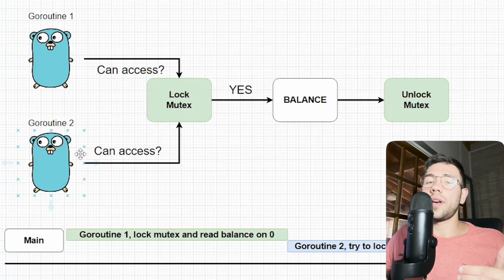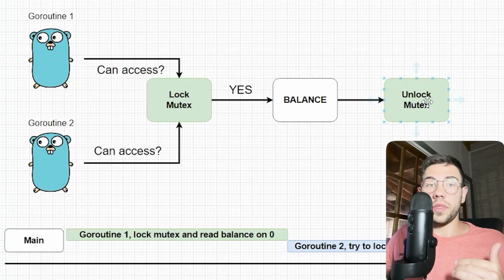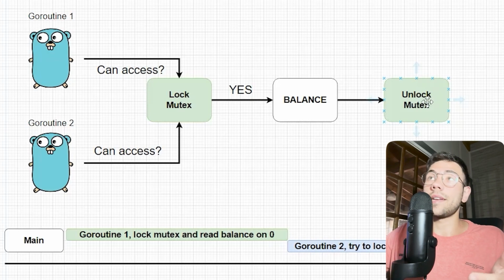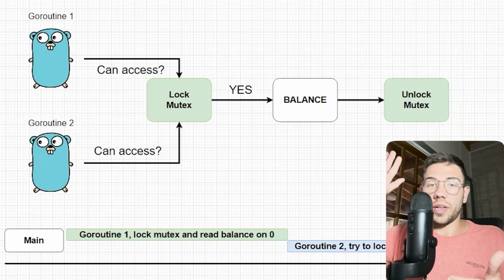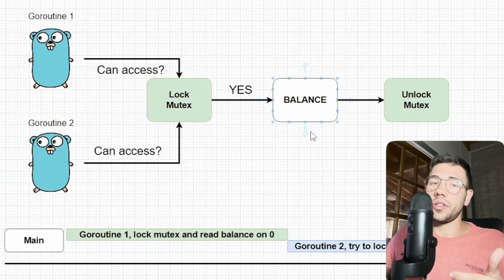So this Goroutine will have to wait until the other Goroutine finishes using this particular resource, and when it finishes, it will unlock the mutex. It's like we put the semaphore on the green light again, and we continue doing something else without using this resource.